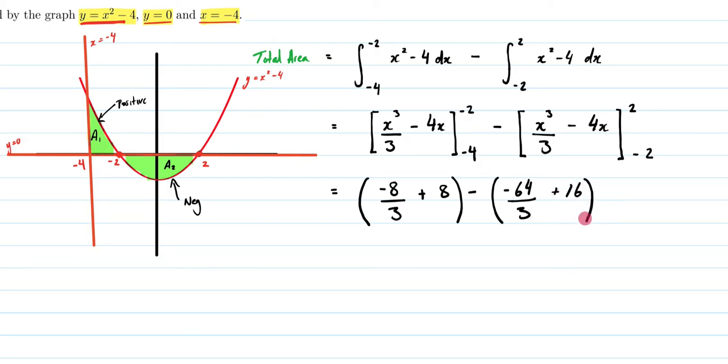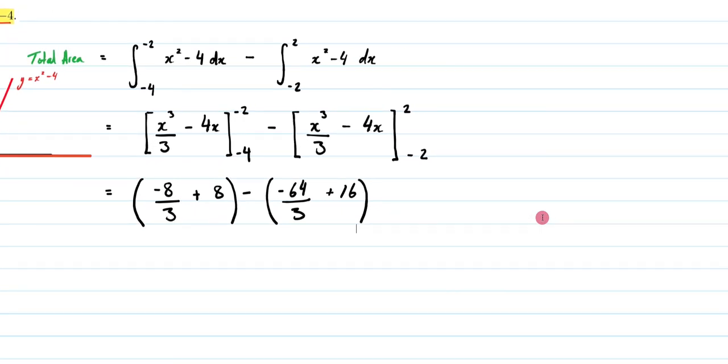Put that like that. And now what I'm going to do is I'm going to do this one over here. So it's going to be minus. And what I'm going to do here, just to make sure that I realize that there's a minus here, and everything that is going on here is going to be minus, I'm just going to put a bracket on the big outside there, and hopefully that makes sense. It'll make more sense as we keep on going.